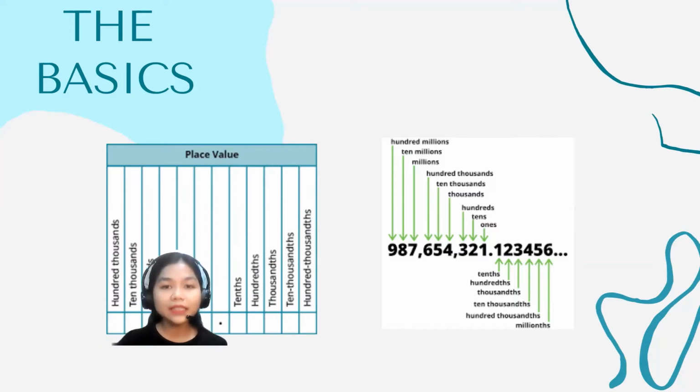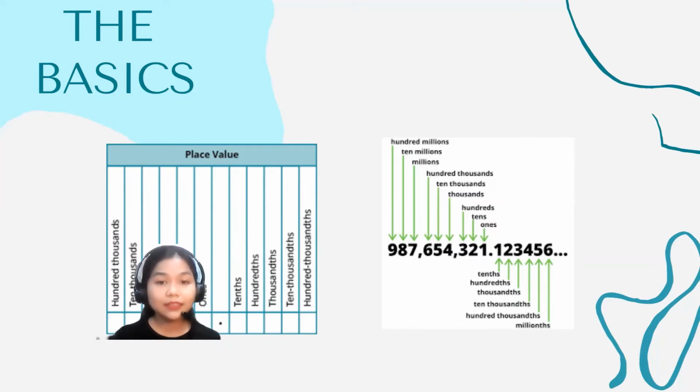And then at the right side of the decimal point, we have tenths, hundredths, thousandths, ten-thousandths, and hundred-thousandths. Tenths is just 1 over 10, hundredths is 1 over 100, thousandths is 1 over 1,000, ten-thousandths is 1 over 10,000, and hundred-thousandths is 1 over 100,000.